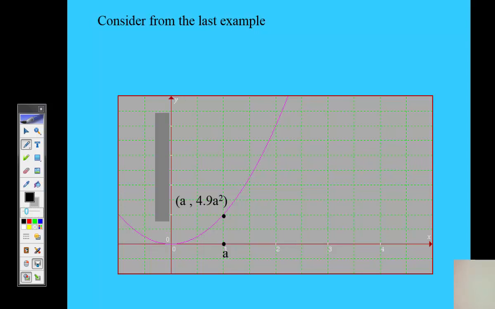Now this is representing Galileo's formula that we just used. 4.9a squared then would be the y value, because that was the function we were given. Our second point we're going to label as a plus h. So if we label this second point a plus h, the distance between these 2 points would just be h.